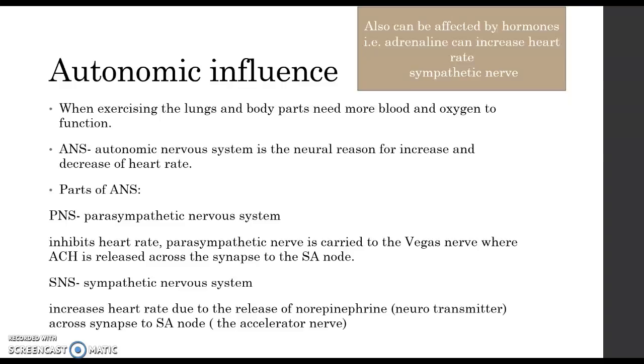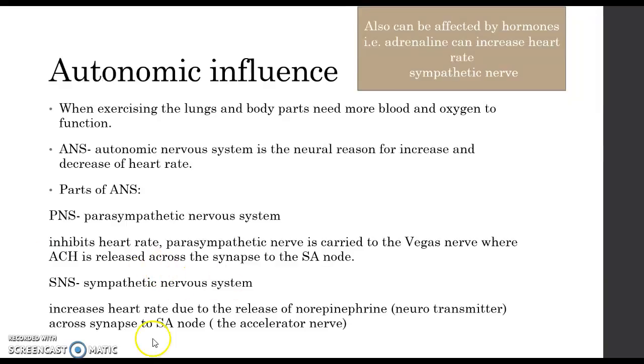and just tells the body that it doesn't need as much oxygen and blood, compared to the sympathetic nervous system, which increases heart rate due to the release of norepinephrine, which is a neurotransmitter, which then does the same, travels across the synapse to the SA node.